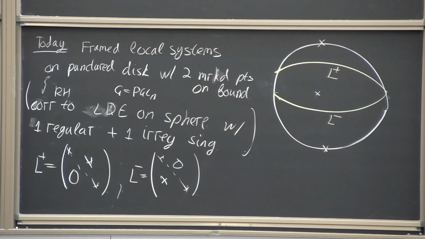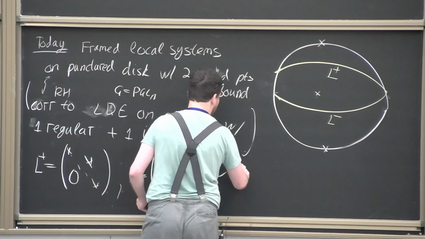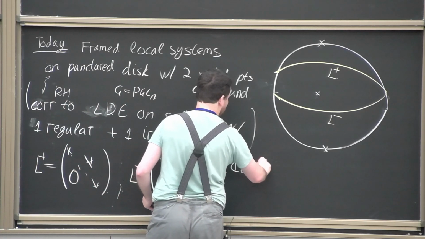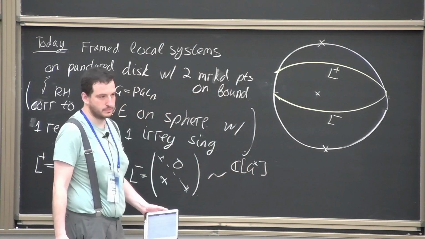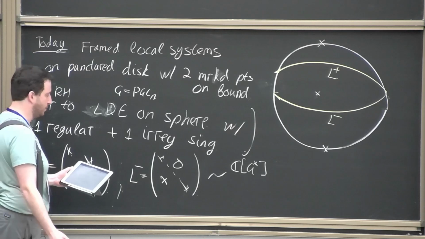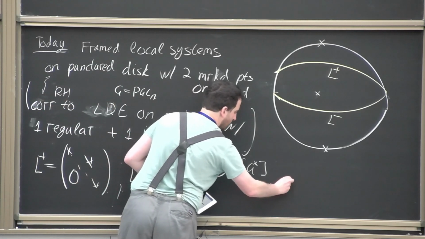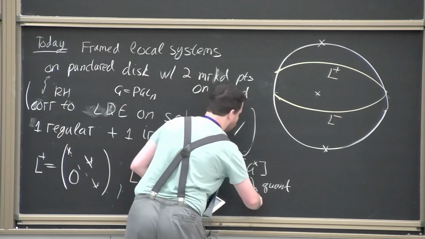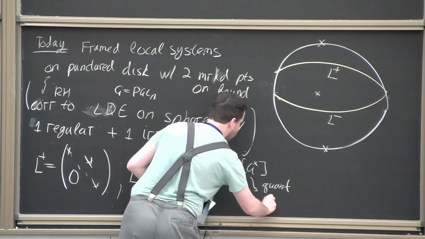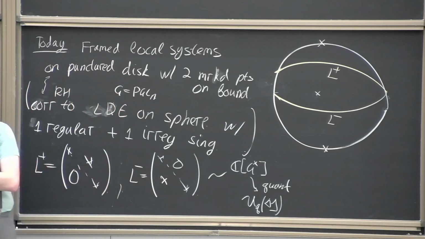And the Poisson bracket on them is the Poisson bracket on the dual Poisson-Lie group. Or if you prefer, after quantization, we will have a quantum universal enveloping algebra. So this is a surface that corresponds to the quantum group.